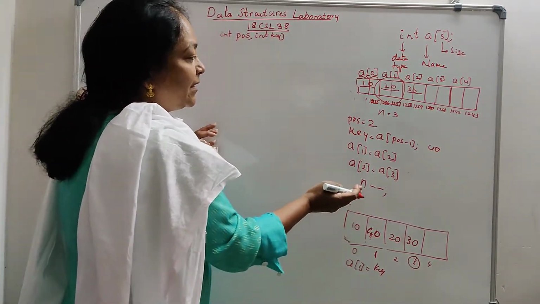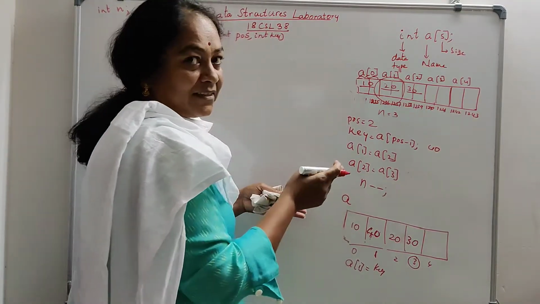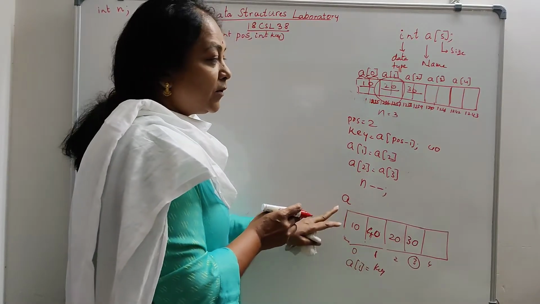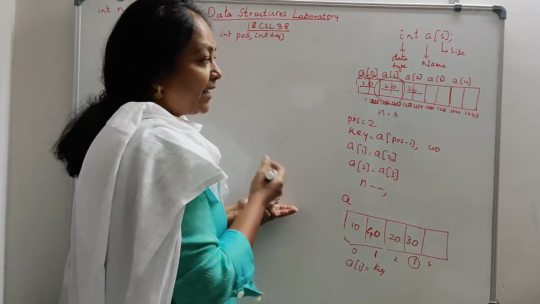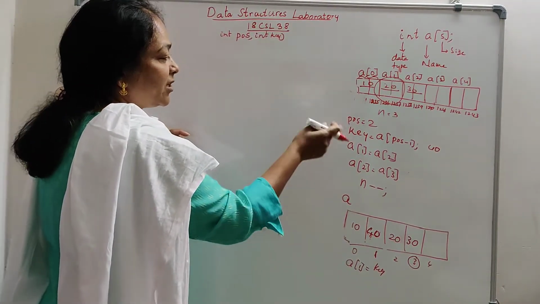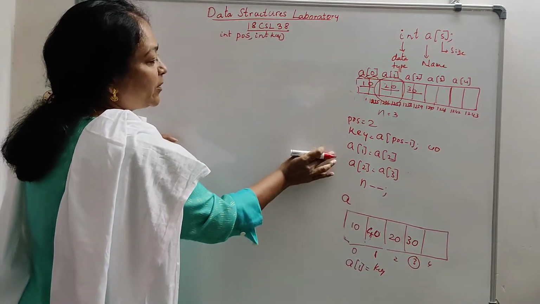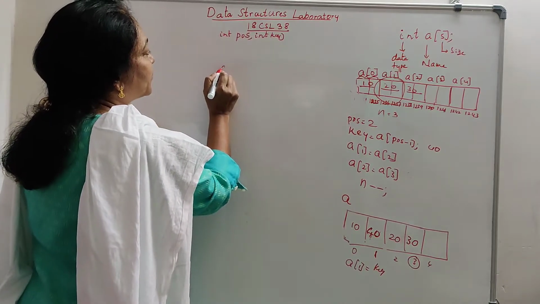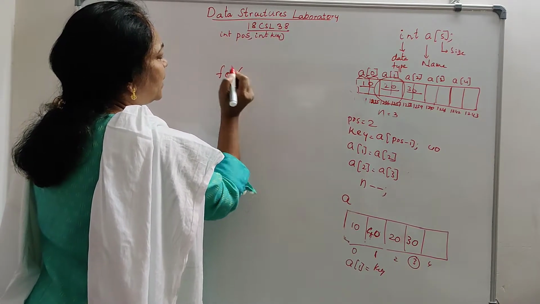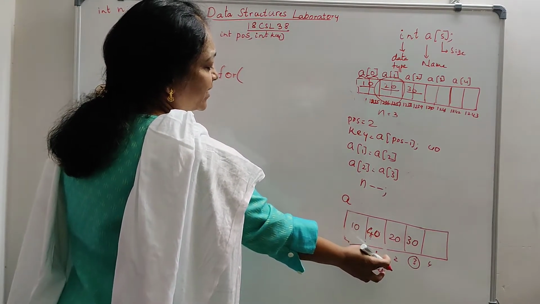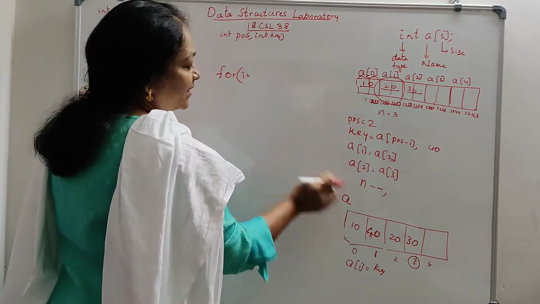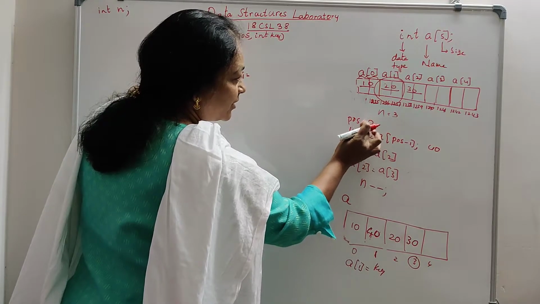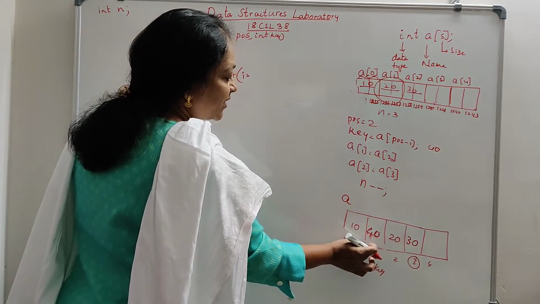But here, how are you going to generalize this? This is just an example. The user may give any value for n or any other values, and the position also can be anything. For that purpose, again it's shifting, no? So again you will go with the for loop. This is I is equal to 2, whichever is there in 2, that is the position; the value you get in position has been shifted here.